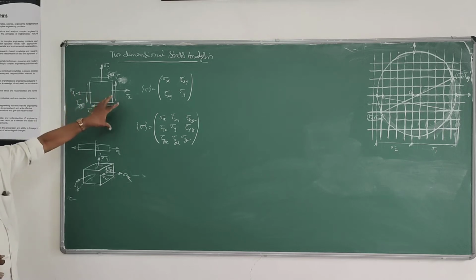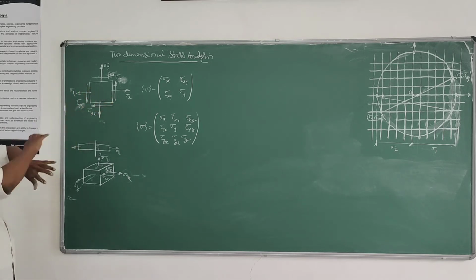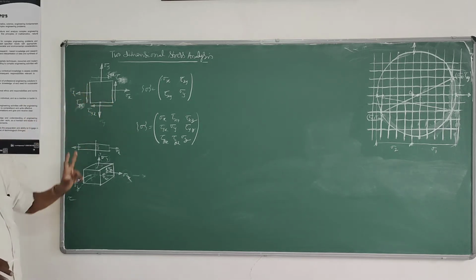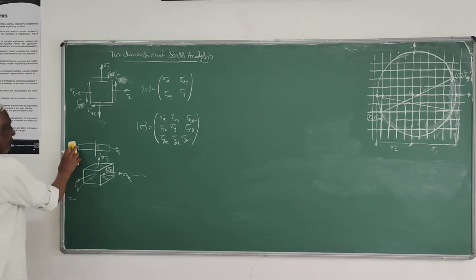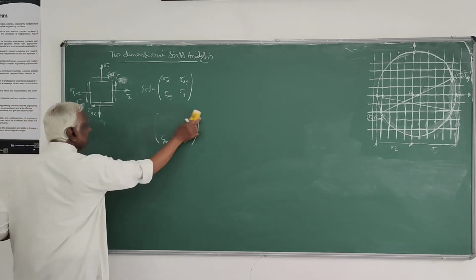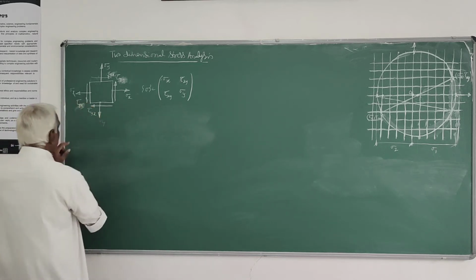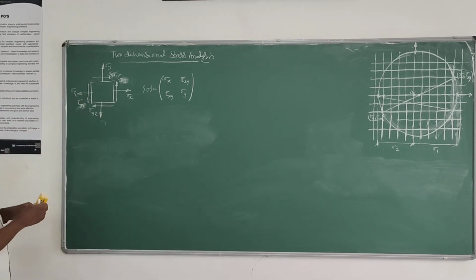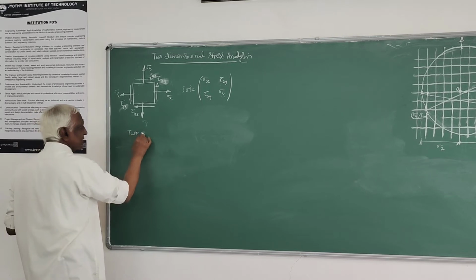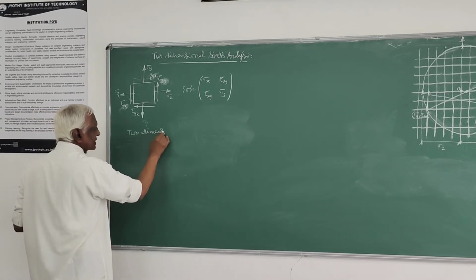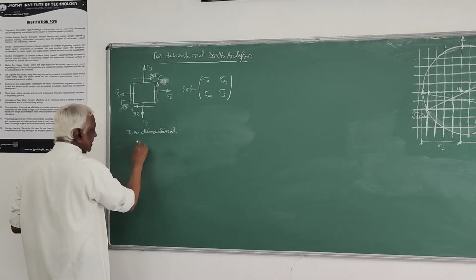Here I am not going much into the detail of two-dimensional stress analysis theoretically. The only thing you have to remember, a two-dimensional state of stress is always represented by an element wherein it is subjected to stresses as shown in figure. This is two-dimensional state of stress.